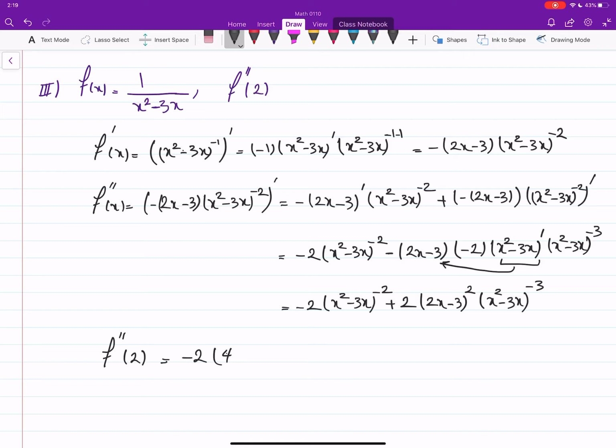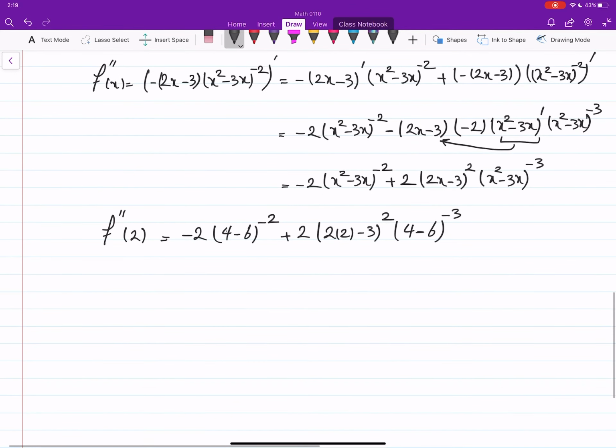(4 minus 6) to the power negative 2 plus 2 times (2 minus 3) squared, and (4 minus 6) to the power negative 3. And well, this is negative 2 over (negative 2) to the power 2.